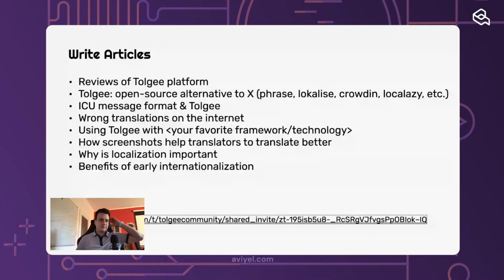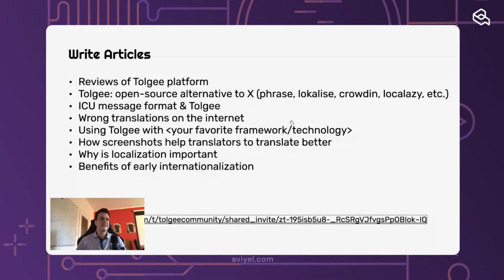You can also write some more technical articles about, for example, how to use ICU message format with Tolgee, or how you can translate, or some stories of wrong translations on the internet.